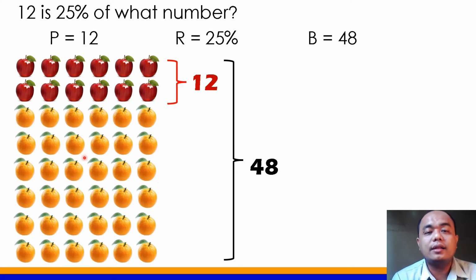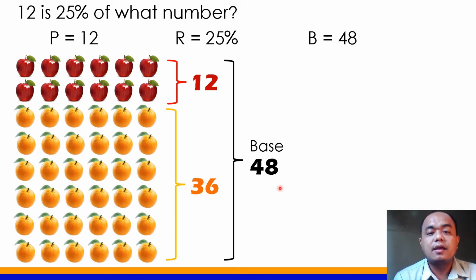So, para makuha natin ilan ba talaga yung oranges natin, no need to count each one of it. Okay? All you have to do is to subtract yung total na 48 sa 12. So, 48 minus 12, how much is that? Yes, that's 36.